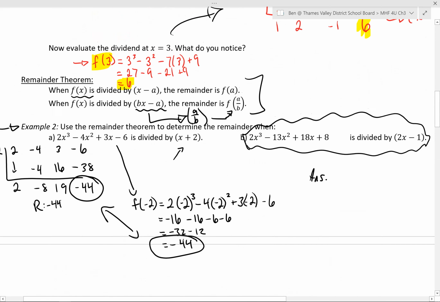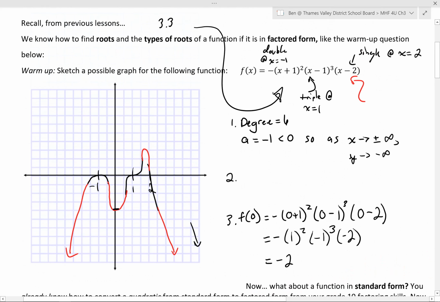If we think about the sketch that we did at the beginning of this function, we took these roots and we said, okay, if I evaluate my function at the root of these factors, so say at x equals -1, then my function should equal 0. If I evaluate my function at x equals +1, my y value should equal 0. That's all we're working with here.